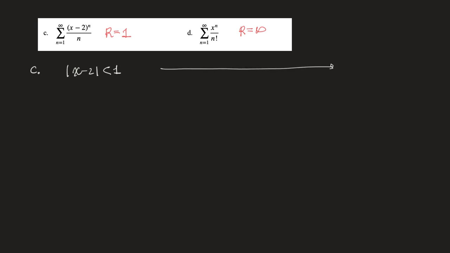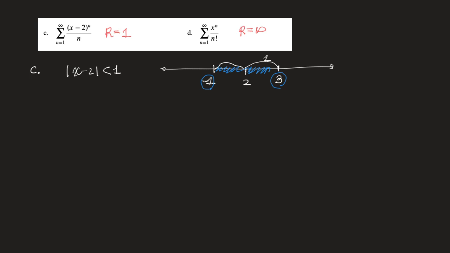On the number line, the center is 2, the distance from 2 is 1, go to the right, that's 3, go to the left, that's 1. So the endpoints are 3 and 1. The inside makes this power series converge.